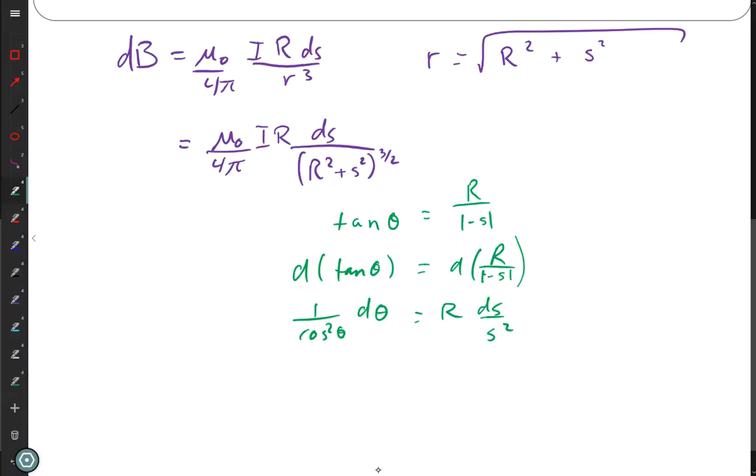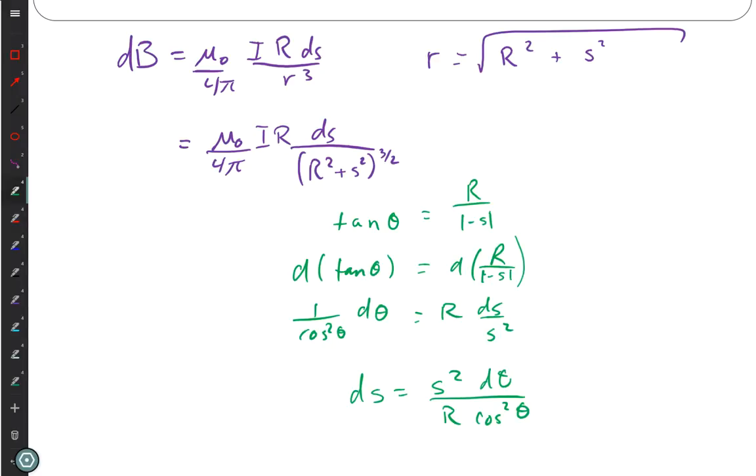Okay, so there's a relationship between d theta and s, that is ds is equal to s squared d theta over r cosine squared theta. That's one of the two variables, and the other variable we needed to convert was lowercase r.